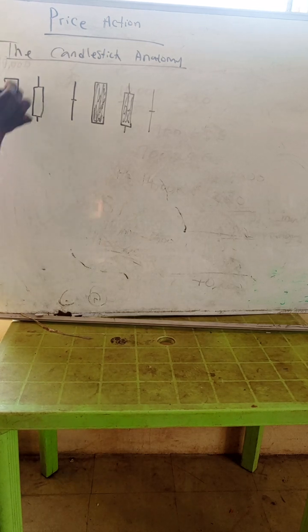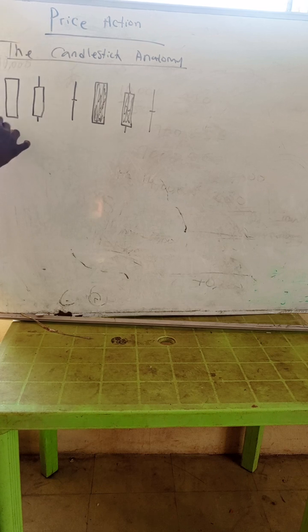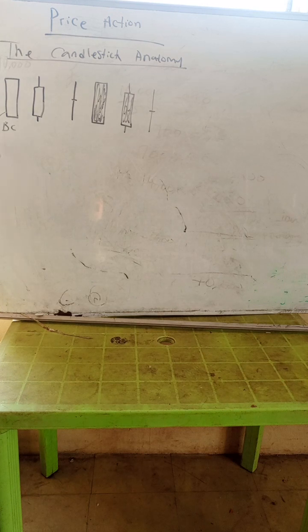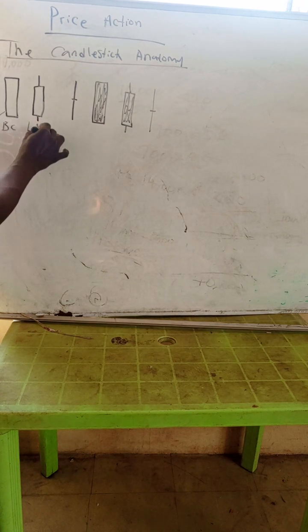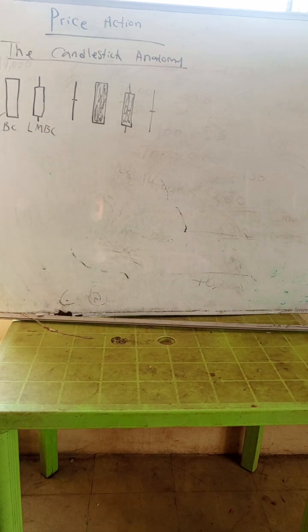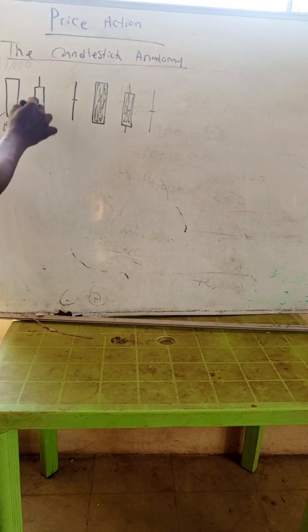This one is a high momentum bullish candlestick, HMBC, where HMBC means high momentum bullish candlestick, while the other one is called low momentum bullish candlestick. That is LMBC.